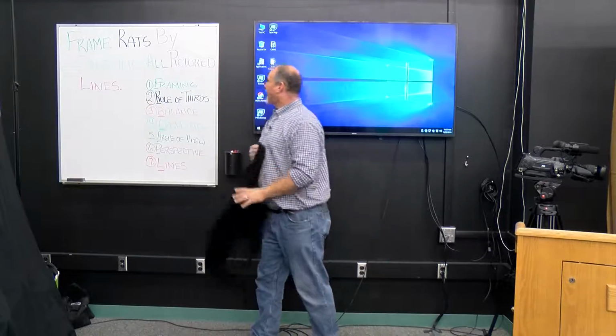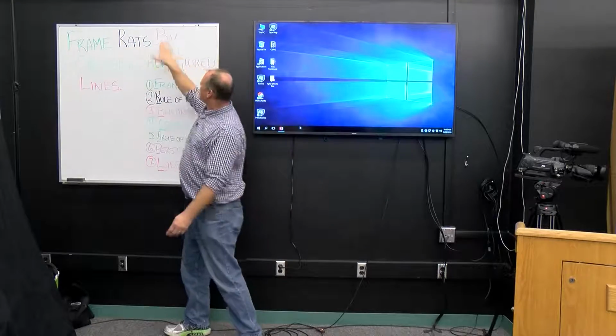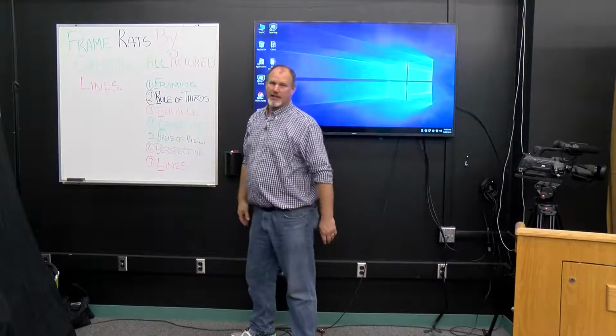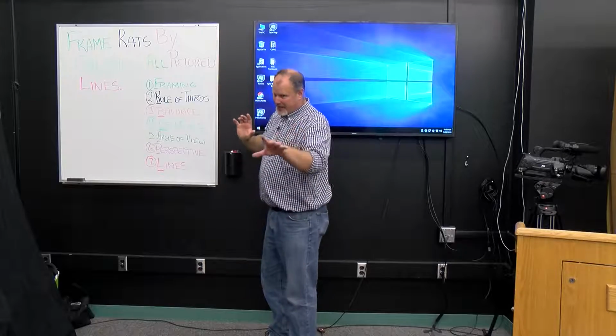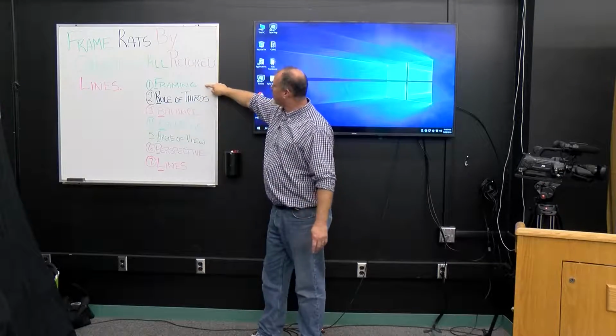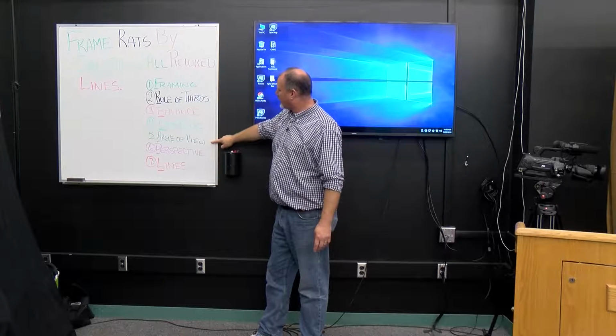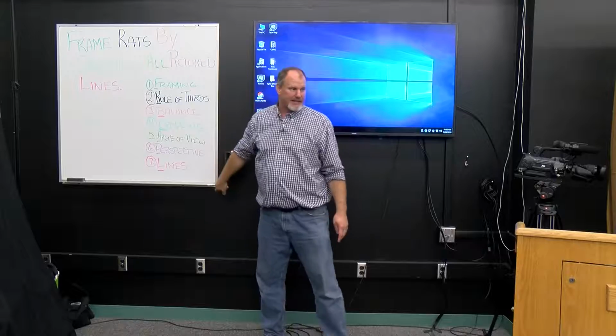So how are you going to remember these 7 concepts of good picture taking? Well, there's a sentence: Frame rats by cropping all pictured lines. The 7 concepts are framing, rule of thirds, balance, cropping, angle of view, perspective, and lines.